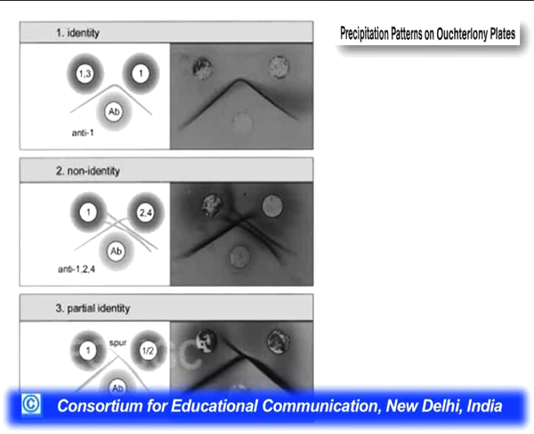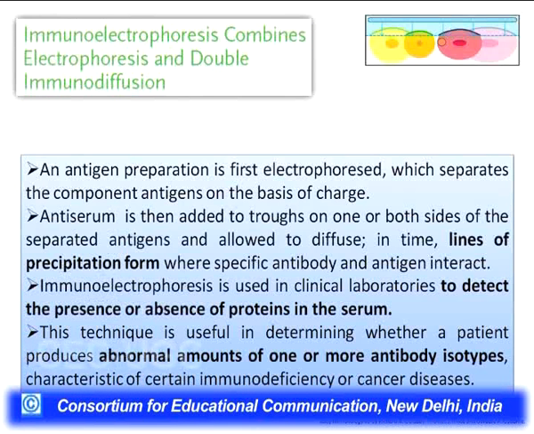There is a partial identity between both the antigens, and here we get a spur kind of precipitin line, and we can make out that there is some kind of identity between the antigen in well 1 and the antigen in well 2. All these methods rely on the precipitation reaction, in which we can make out which antigens or which antibodies are present in blood serum conditions.